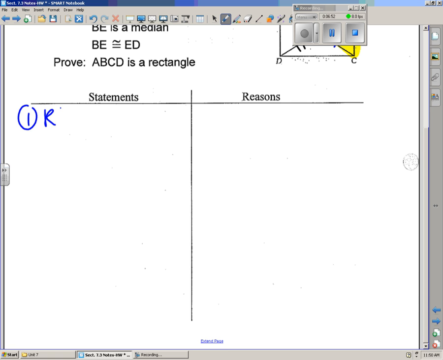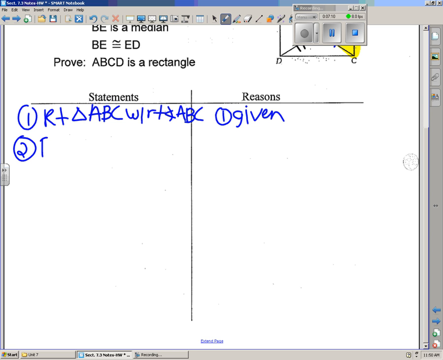Number one, we've got right triangle ABC with right angle ABC, and that's given to us. I'm going to probably put my givens on different lines. You can put them all on the same one if you want. It doesn't matter. You are also told that BE is a median.